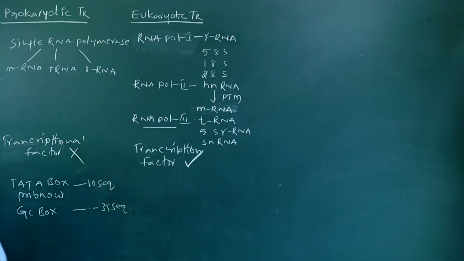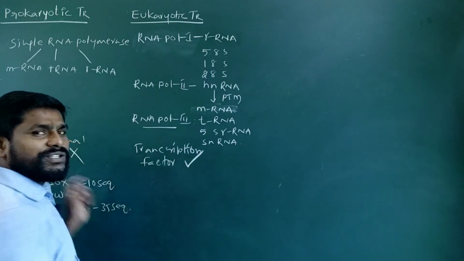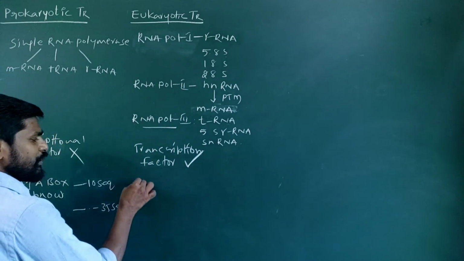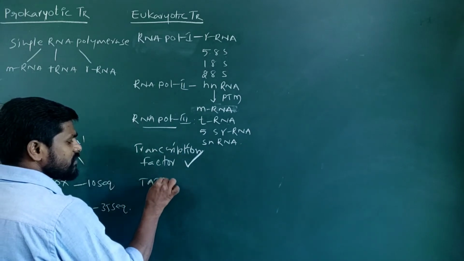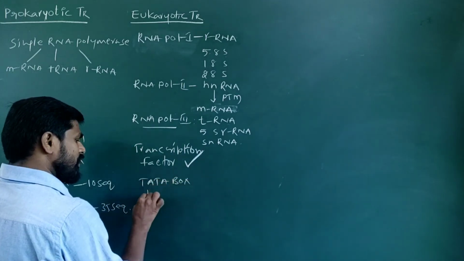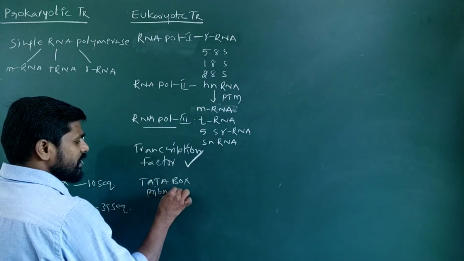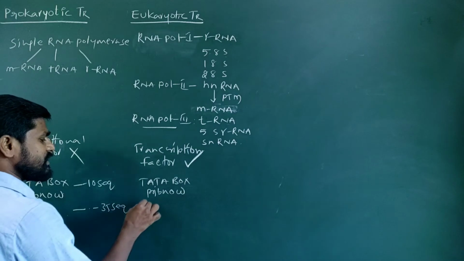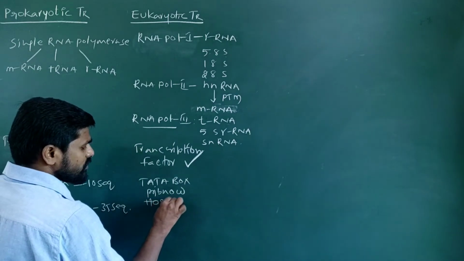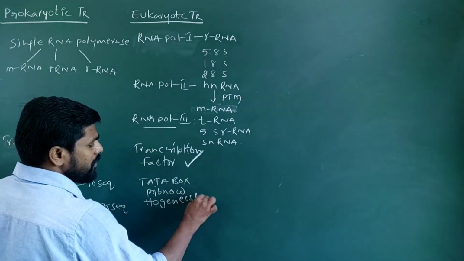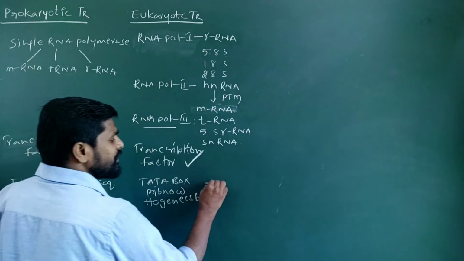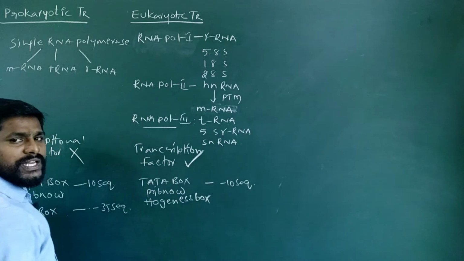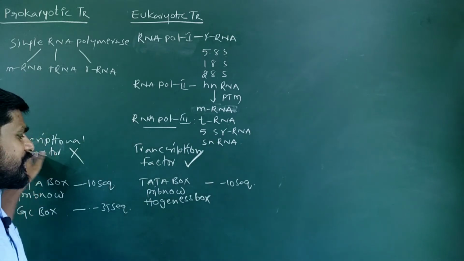But in the case of eukaryotic transcription, it requires three types of promoter sequences. Those are the TATA box, which is otherwise called the Pribnow box, and there is another name for this eukaryotic promoter, that is the Hogness box. The Hogness box is present at the -10 sequence of nucleotides on the eukaryotic transcriptional unit.